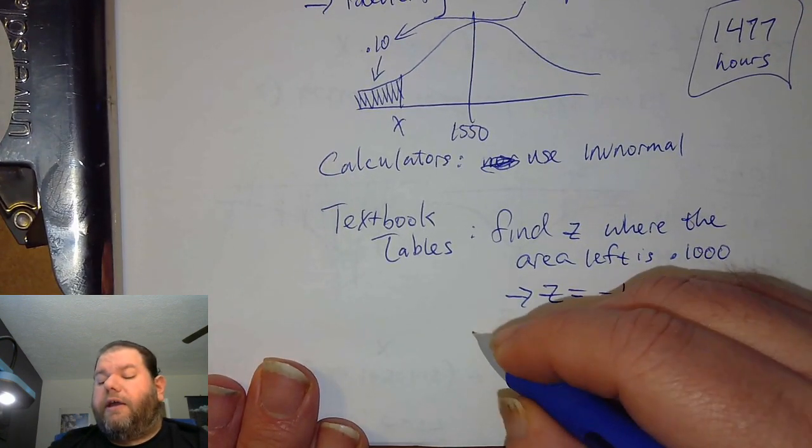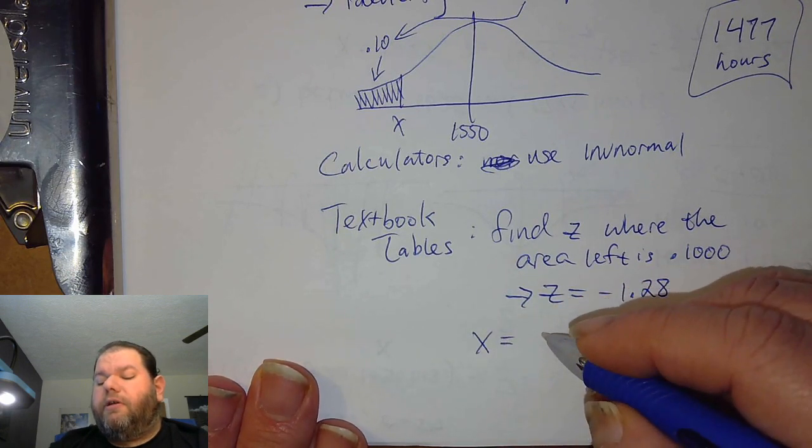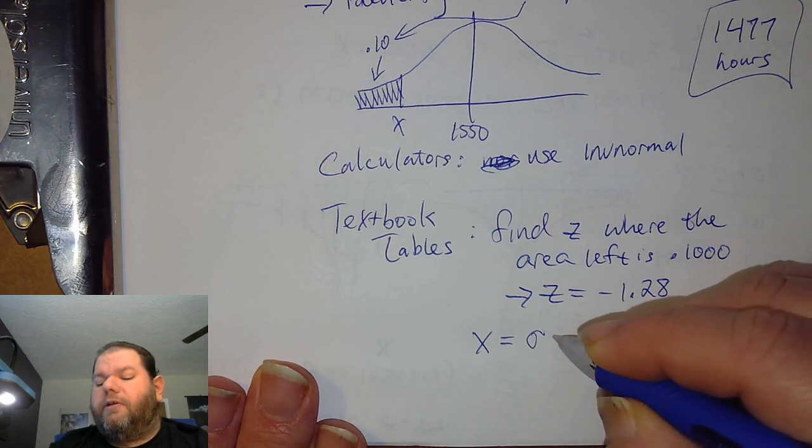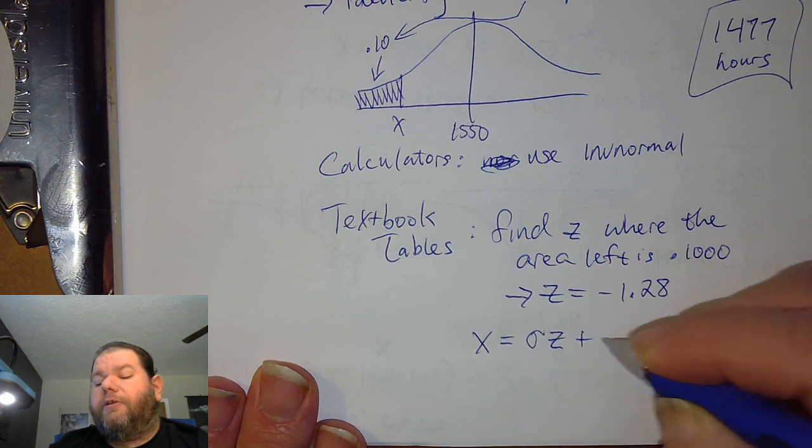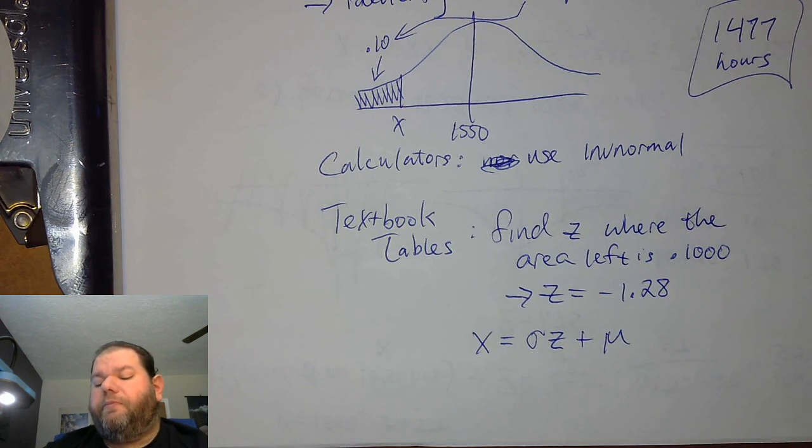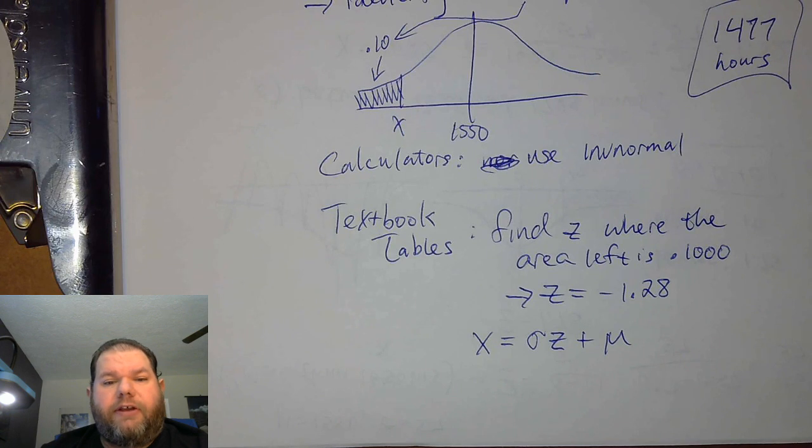Now, with that in mind, that's our z-score. Then we know x is equal to sigma times z plus mu. This formula is basically the same formula as the z-score, z equals x minus mu over sigma, but we've taken that same equation and solved for x instead.